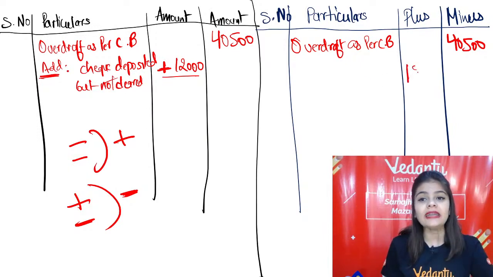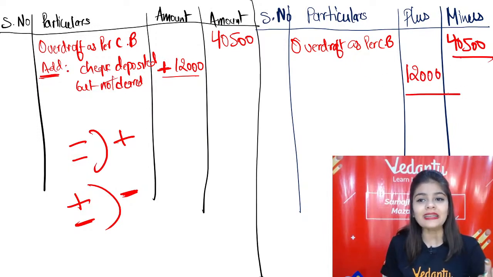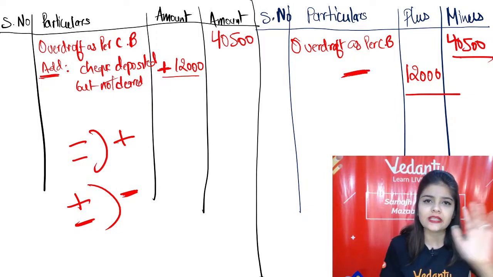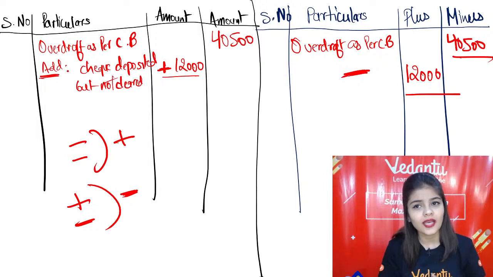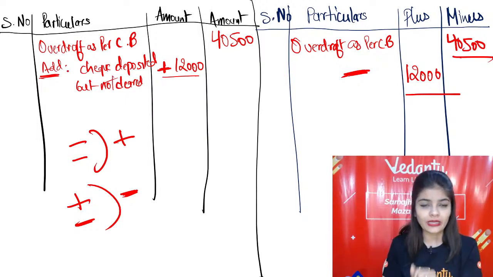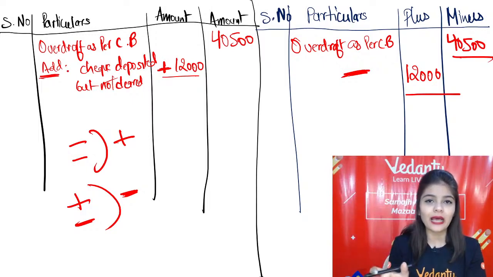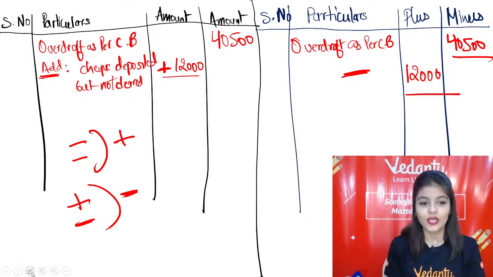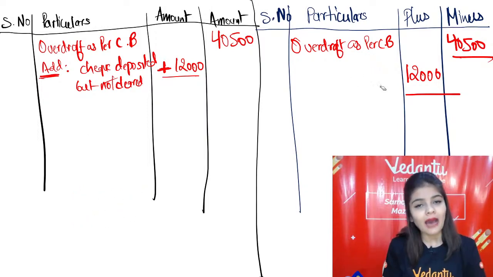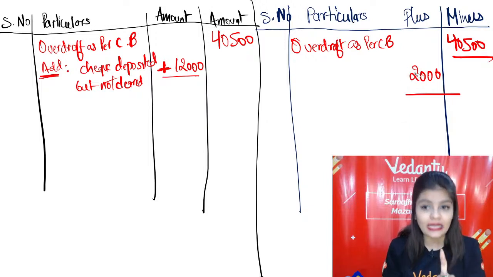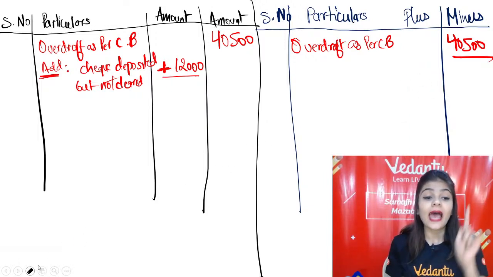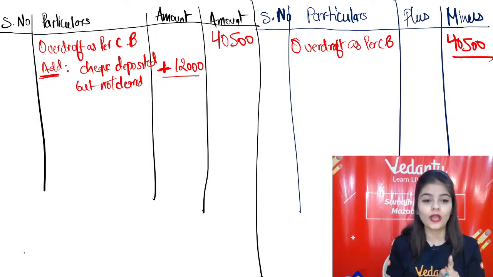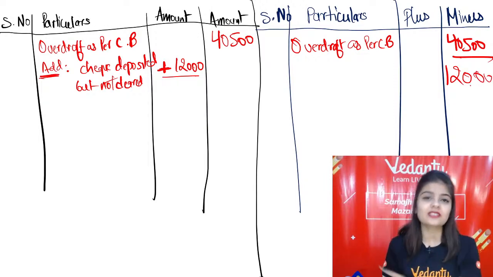So if I write this in the plus column, then minus plus will become minus, and I had to add. If I write 12,000 in the plus column, minus plus becomes minus, and what I have to do is add. So this is to be added. We know it has to be added, yet we are writing it in the plus column, which is wrong. It is to be added and you will not write it in the plus column. You will write it in the minus column, because minus minus is plus.